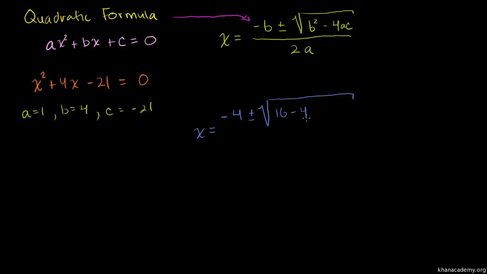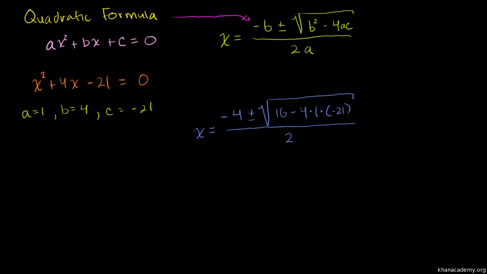Minus 4 times a, which is 1, times c, which is negative 21. Actually, this is the first time we're doing it. Let me not skip too many steps. So negative 21, just so you can see how it fit in. And then all of that over 2 times a. Over 2 times a is 1, so all of that over 2.